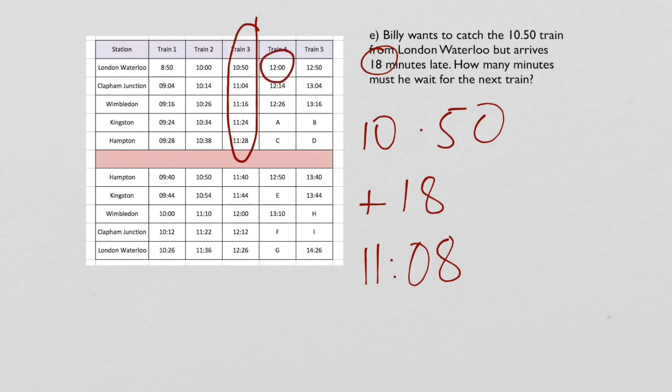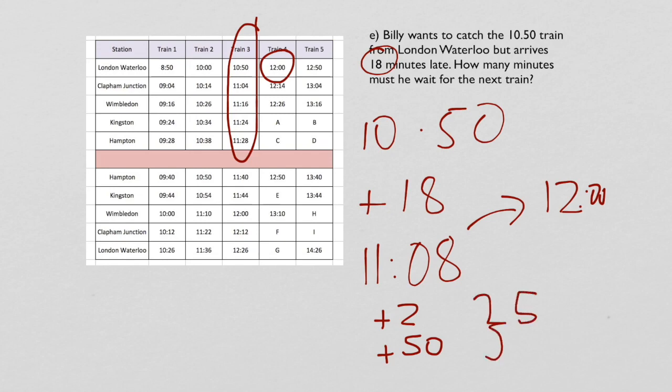That is 12 noon, so quite a long time. So we have to subtract 11:08 from 12 o'clock. I would recommend adding up from 11:08 up to 12 to get the number of minutes. So 11:08 plus 2 is 11:10, plus 50 is 12 noon. So overall there's a total of 52 minutes.